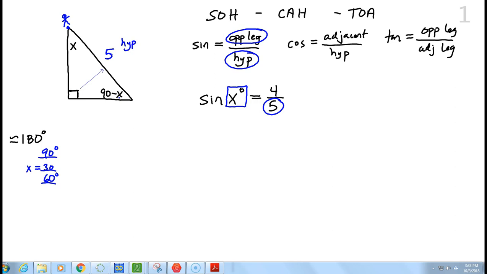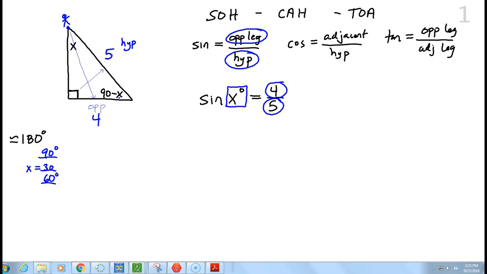So that's my hypotenuse. Now, the opposite leg is the leg that's across from me. So right here, this represents the opposite leg, and in our formula the opposite leg was 4. That's the top number. So my 4 goes right here.